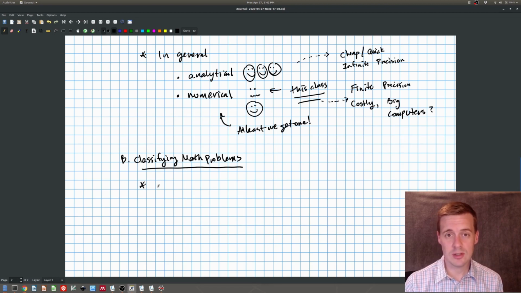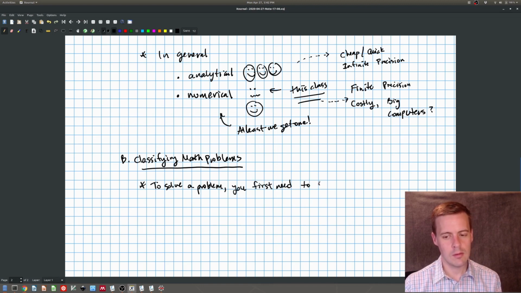Maybe that sounds like a tautology or something that's trivially obvious, but it's not. So to solve a problem, you first need to classify it.